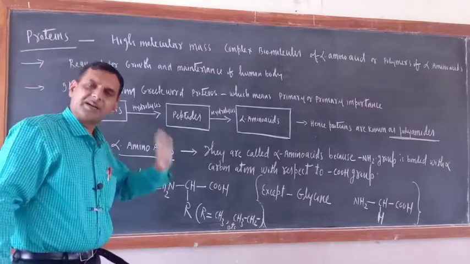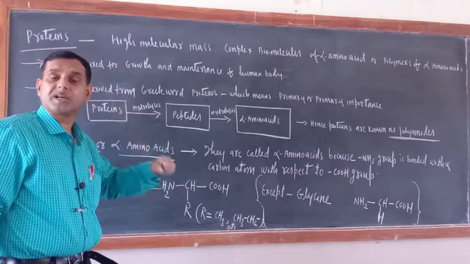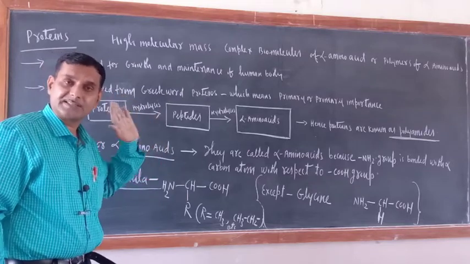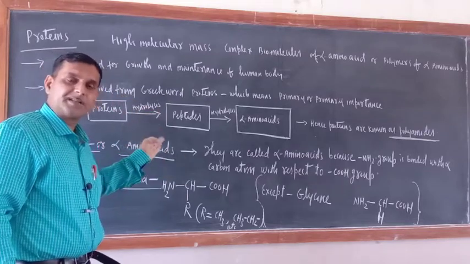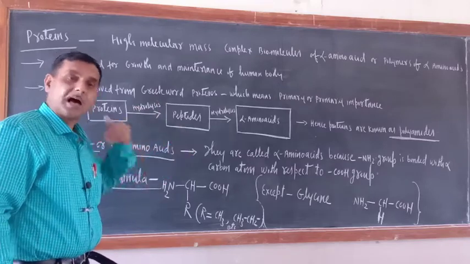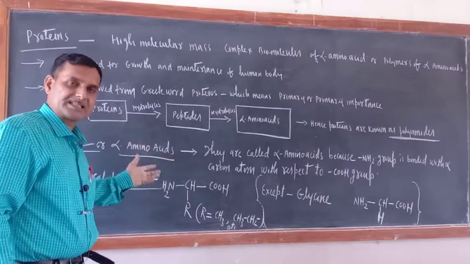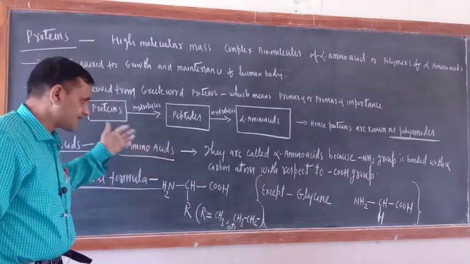It doesn't mean that only alpha amino acids are there. Beta amino acids are also there. Gamma, delta amino acids are also there. But basically in the proteins, or you can say basically in nature, alpha amino acids are found. So in protein we will discuss basically alpha amino acids only.